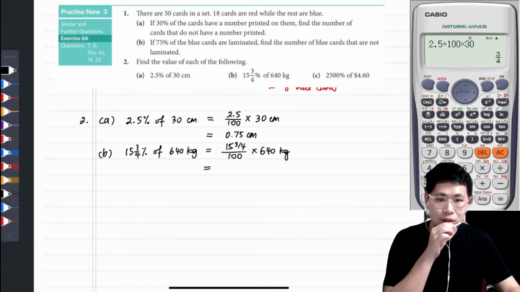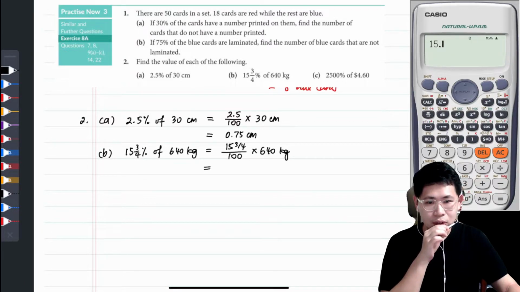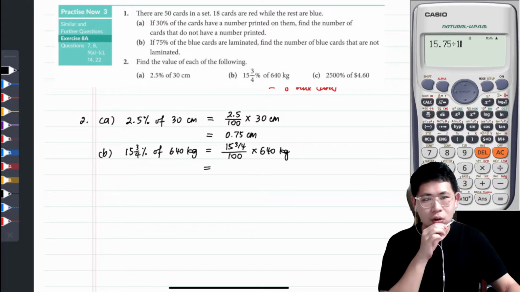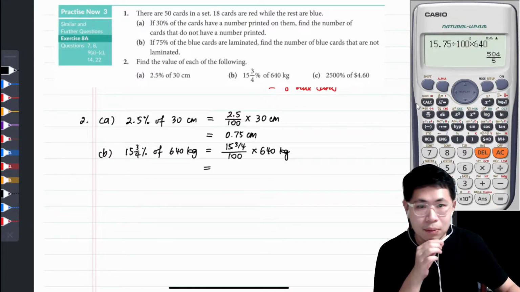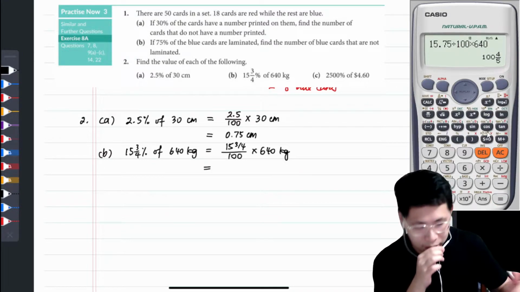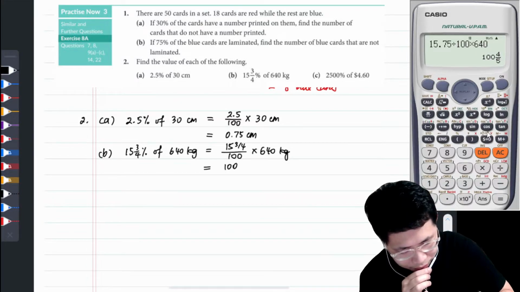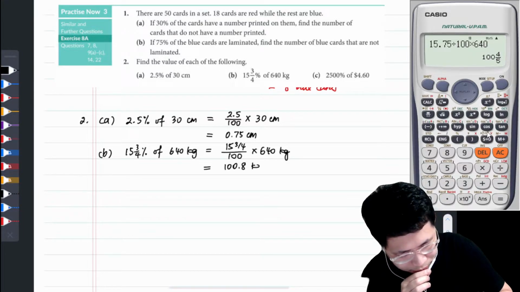So my calculation would be 15 and 3/4, so 15.75 over 100 times 640. Okay, so let me write, see, 100.8. So 100.8 kg.